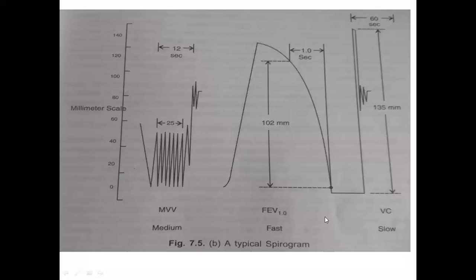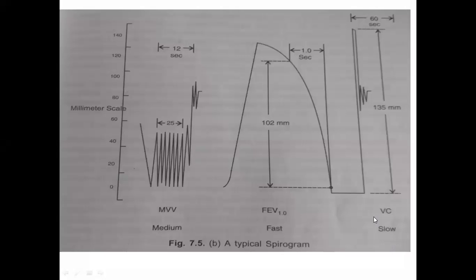Here we can read this diagram from the right side to left side. This is showing that when the drum, which is a kymograph drum, rotates at different speeds.